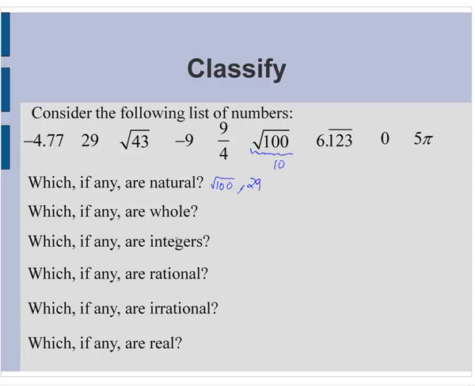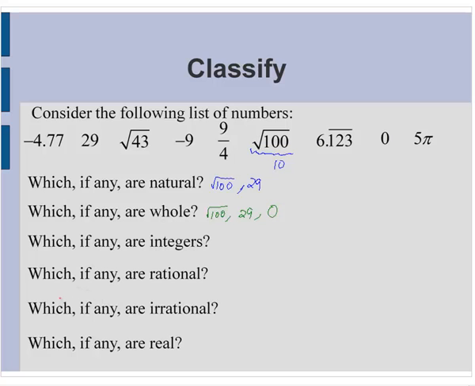Which, if any, are whole numbers? All right, so remember the whole numbers were the natural numbers and 0. So whatever was natural is also whole. And we also need to remember that 0 is a whole number.